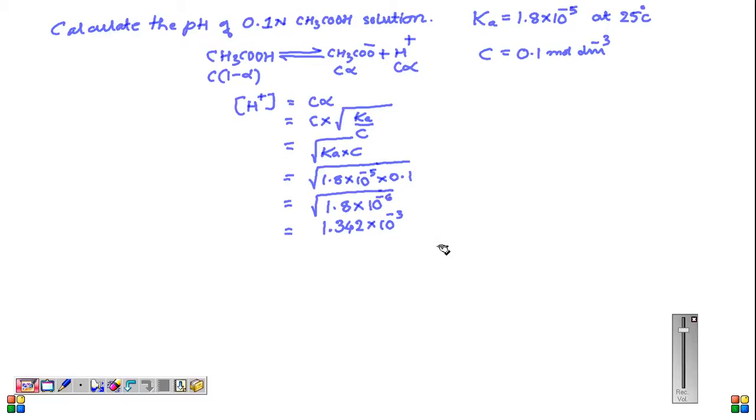So this is the hydrogen ion concentration in the solution.